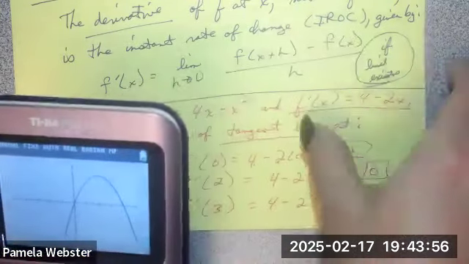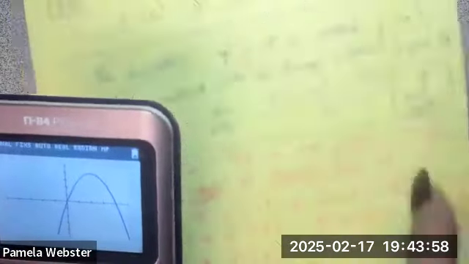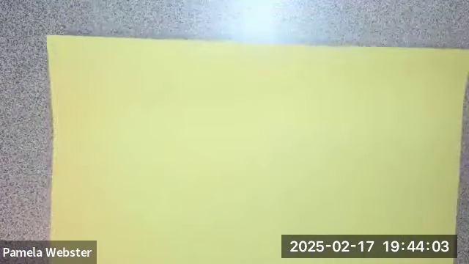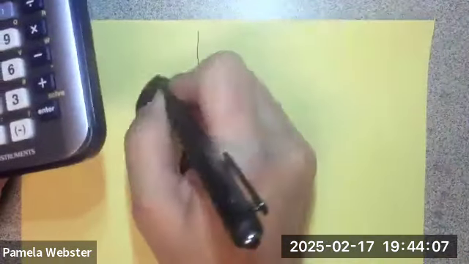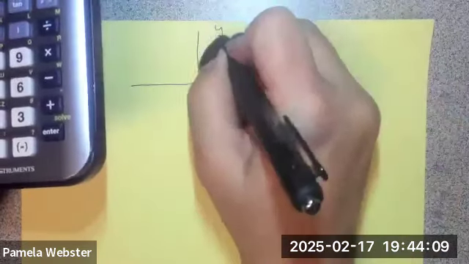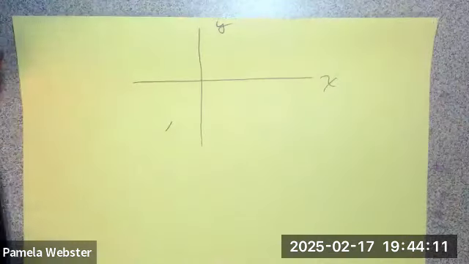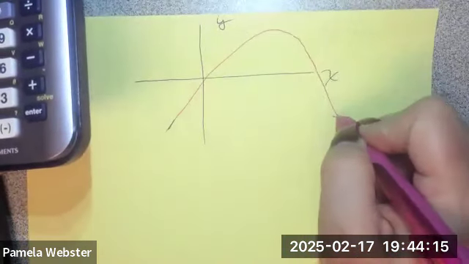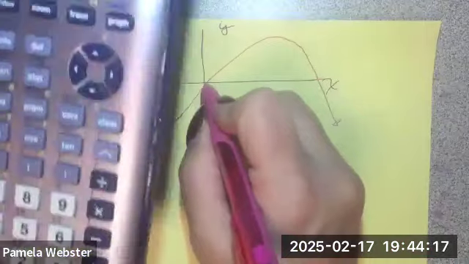What we're saying is if we drew a tangent line to that graph, let me copy this guy over here so we can see it. It looks something like this. It's not perfect, but that's what it looks like.